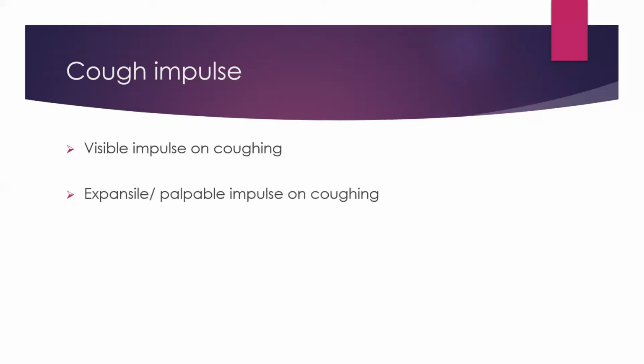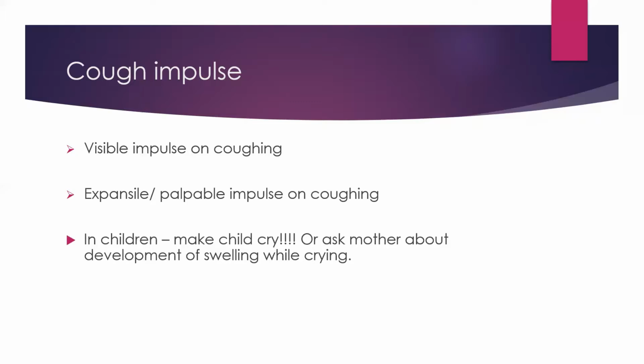And on palpation, when we feel the cough impulse, we call that expansile or palpable impulse on coughing. So mind it. On inspection, it is called visible impulse on coughing, and on palpation, that is called expansile impulse on coughing.